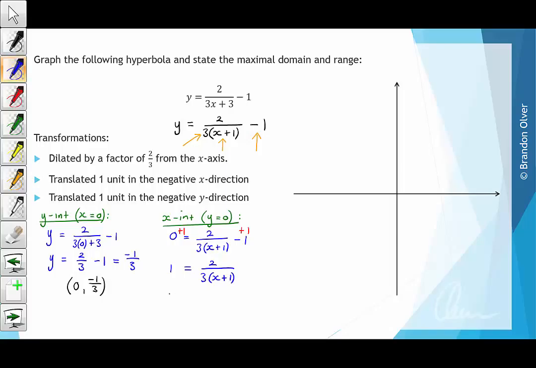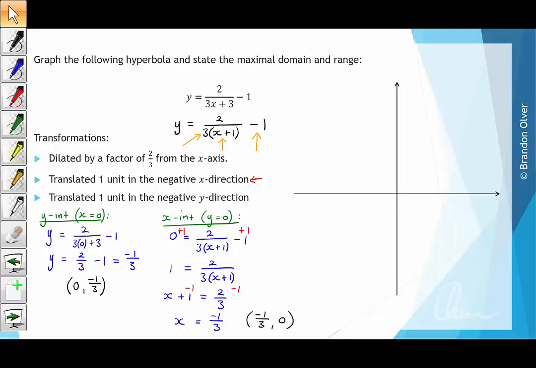Multiplying both sides by x plus 1 gives x plus 1 is equal to 2 on 3. Subtracting 1 from both sides of the equation gives x is equal to negative 1/3, which means that the x-intercept is x is negative 1/3, y is 0.